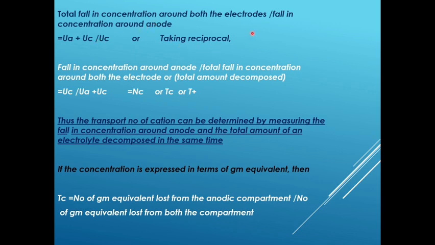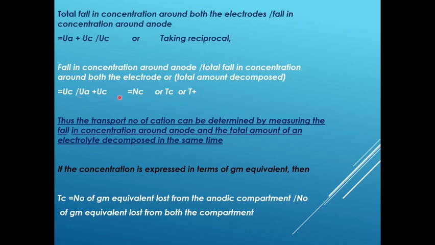अगर हम इसका रेसिप्रोकल लेंगे तो क्या हो जाएगा? Fall in concentration around anode divided by total fall in concentration around both the electrodes. This becomes UC upon UA plus UC. ये किसके बराबर है?